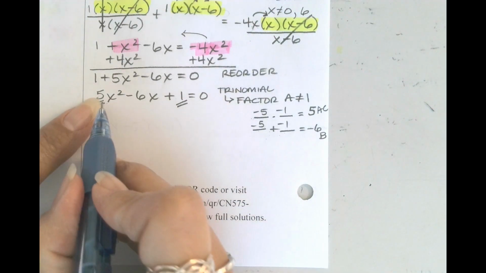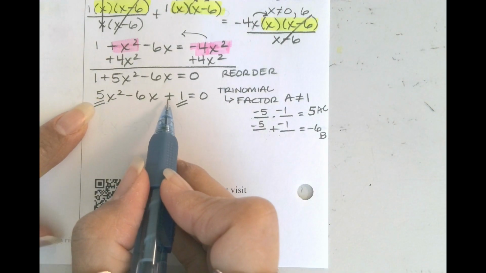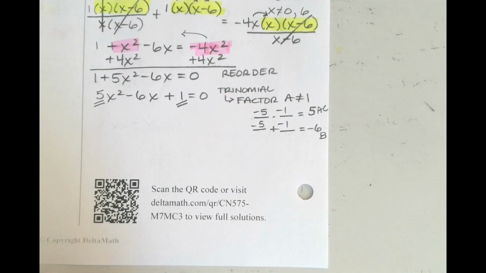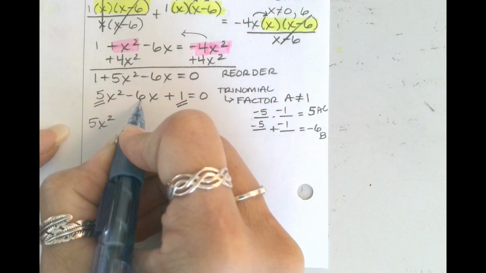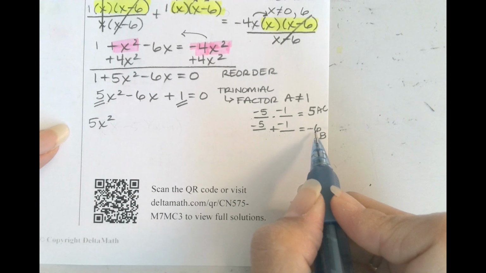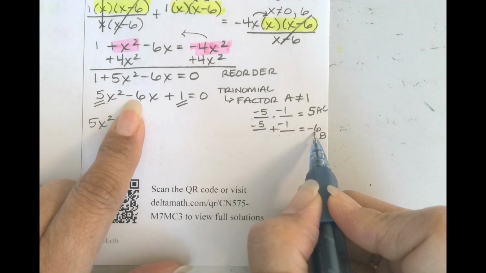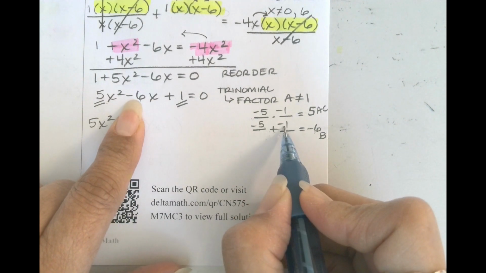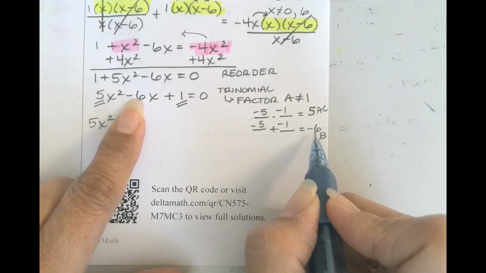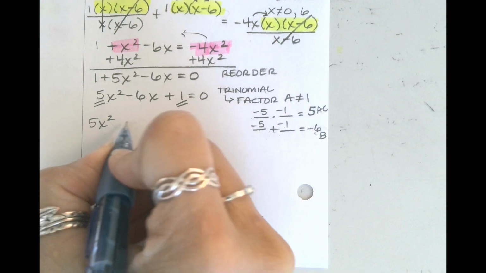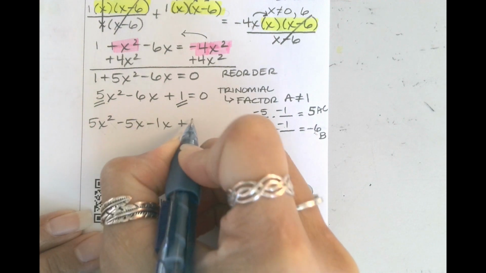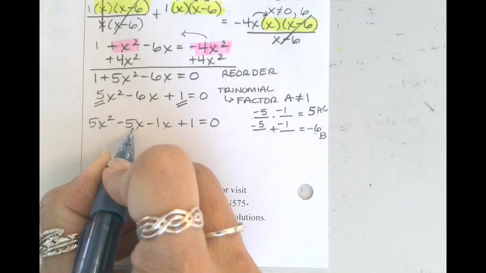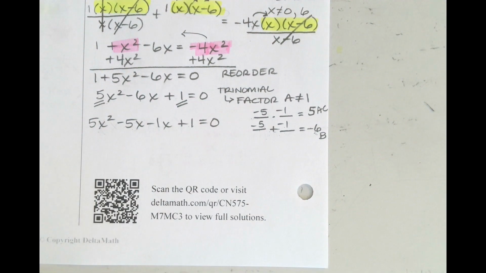You have to rewrite this trinomial as a polynomial of 4 terms. So 5x squared stays. Negative 6 gets rewritten as negative 5 plus negative 1. That's why you did this step. So negative 5x minus 1x, and then the plus 1 comes down. Now I have 1, 2, 3, 4 terms that I'm able to factor by grouping.